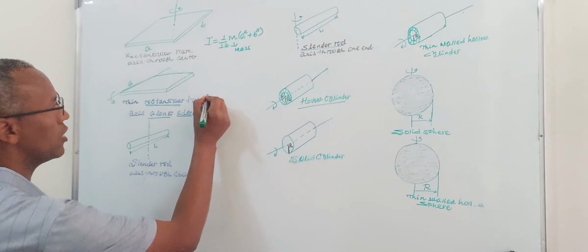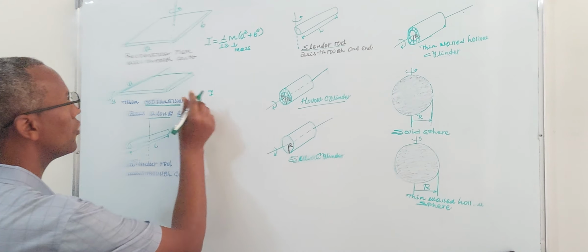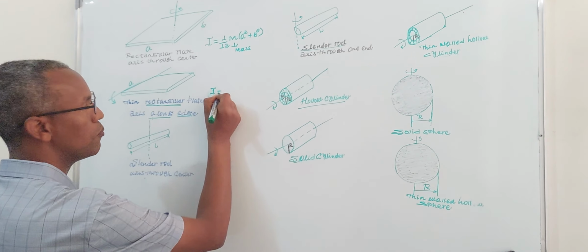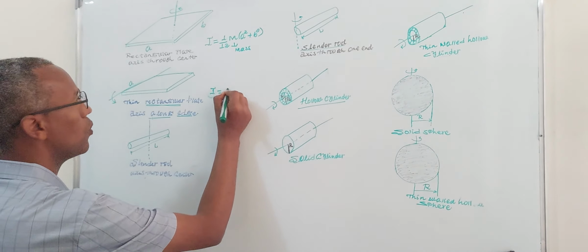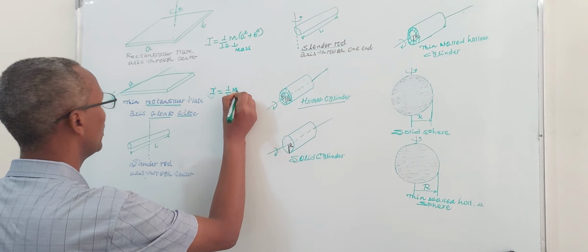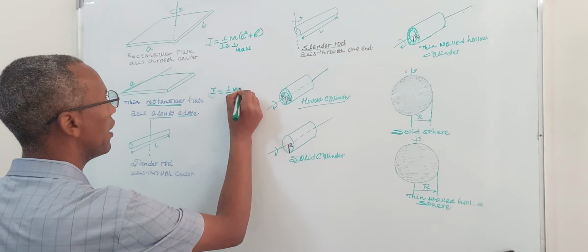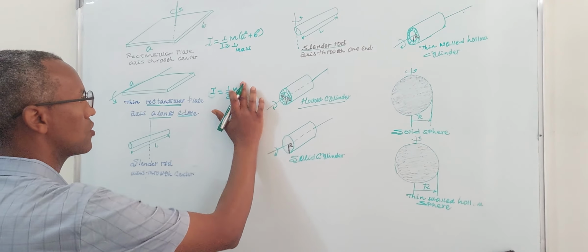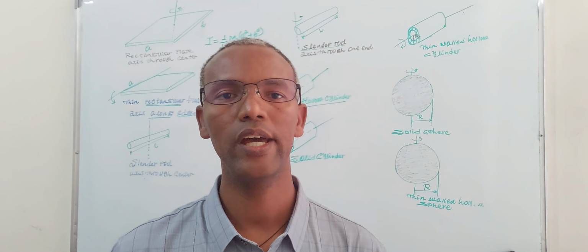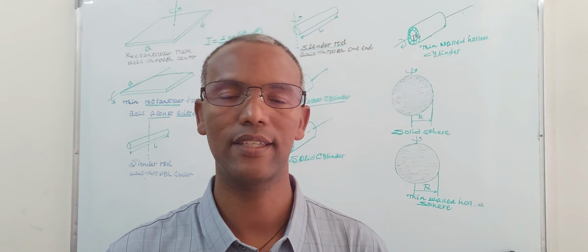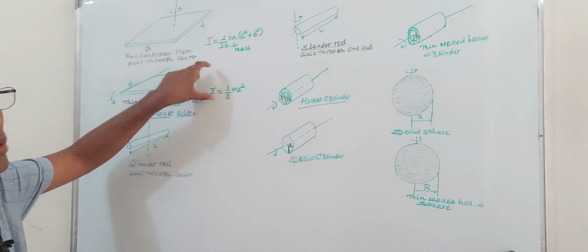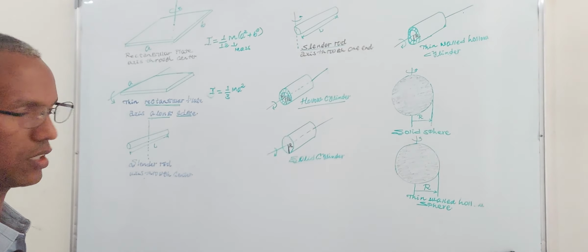You can calculate the moment of inertia of this thin rectangular plate using 1 upon 3 times m times a square. That is how you can find the moment of inertia, or rotational inertia, using this equation.